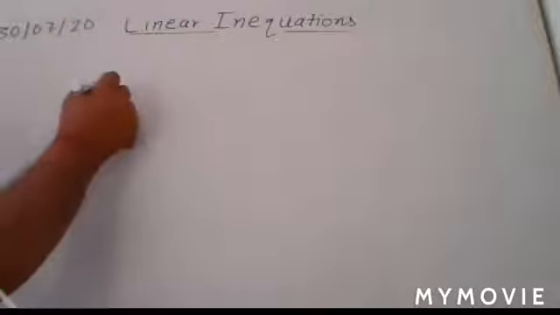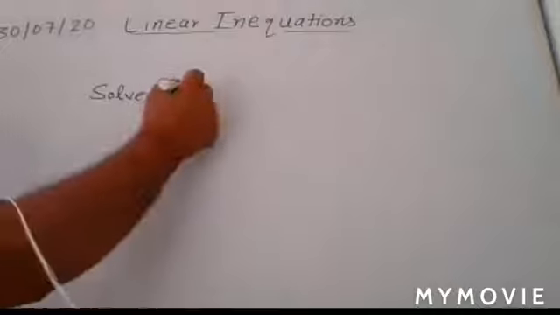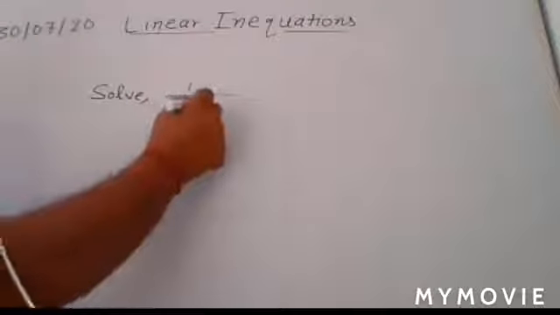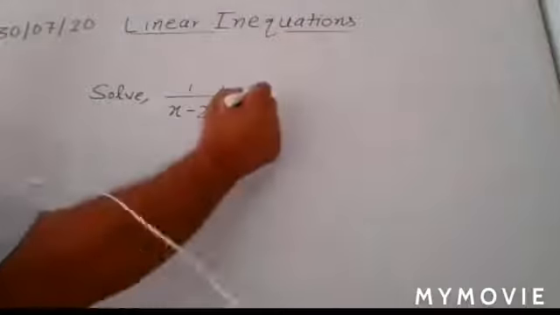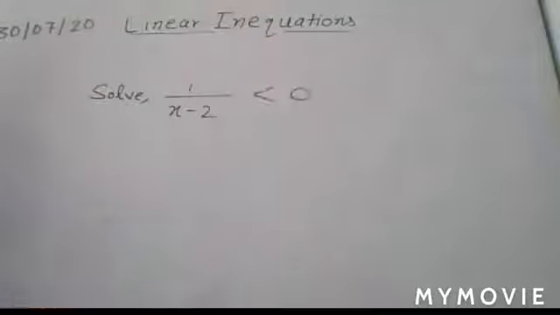Note, solve the following inequality. Your first question is: solve 1 upon x minus 2 is less than 0, and you have to find the values of x.